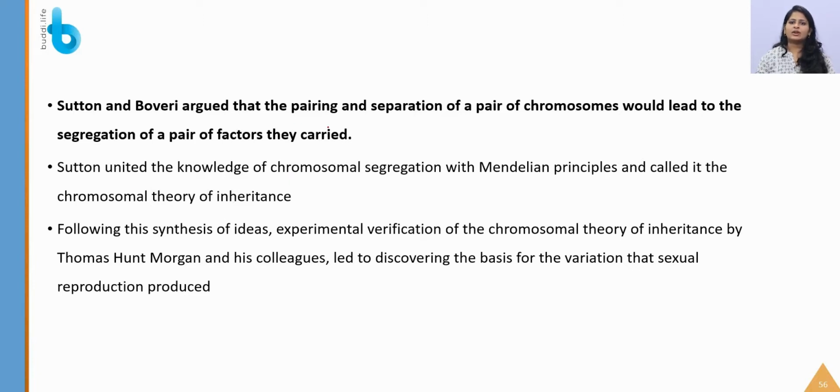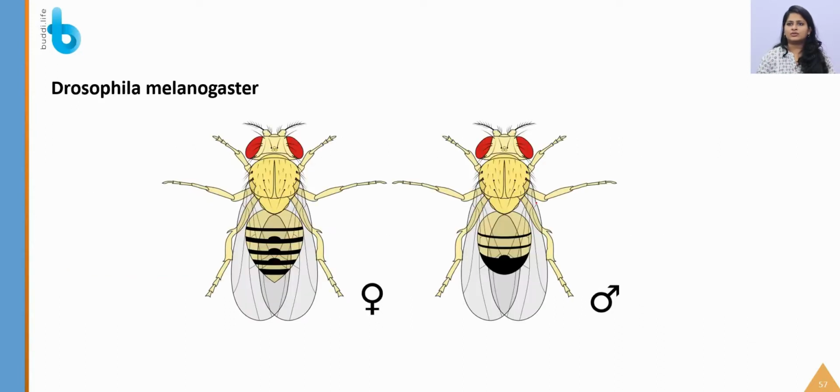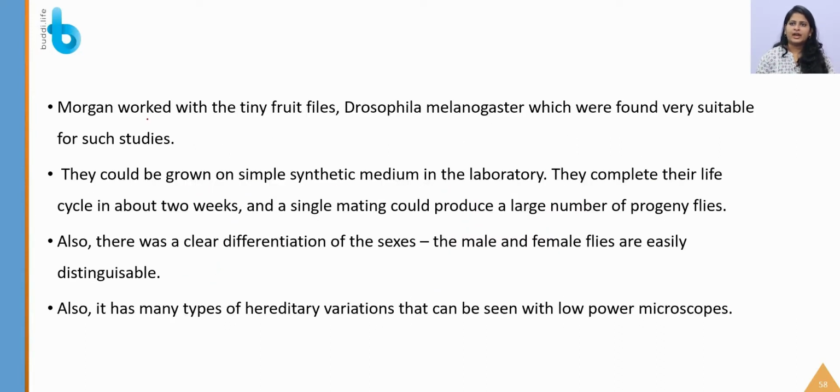They gave only the theory of inheritance, but the experimental verification was given by T.H. Morgan, that is Thomas Hunt Morgan. He worked on Drosophila melanogaster, which is nothing but a fruit fly.